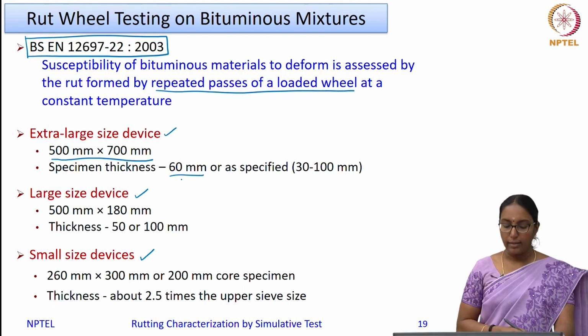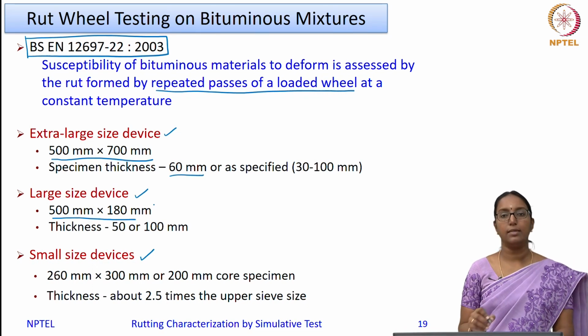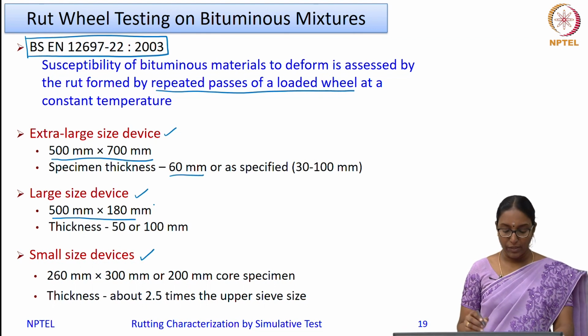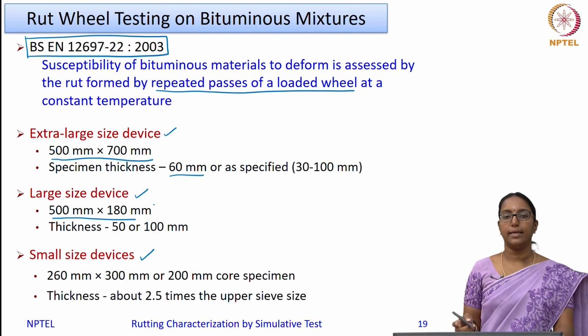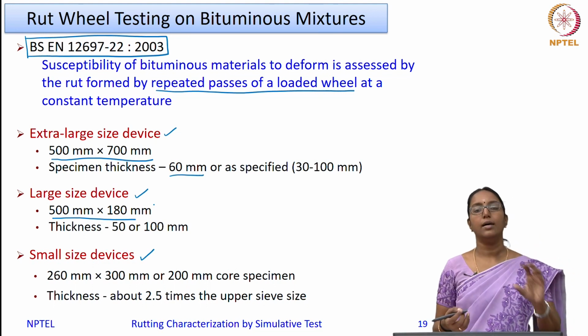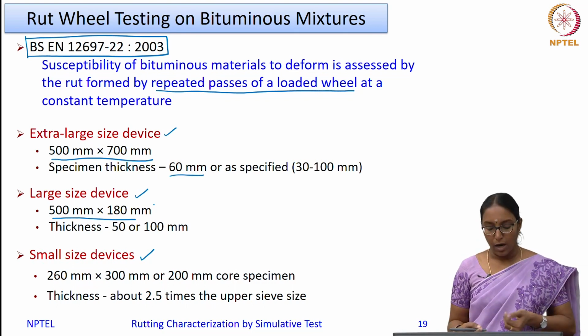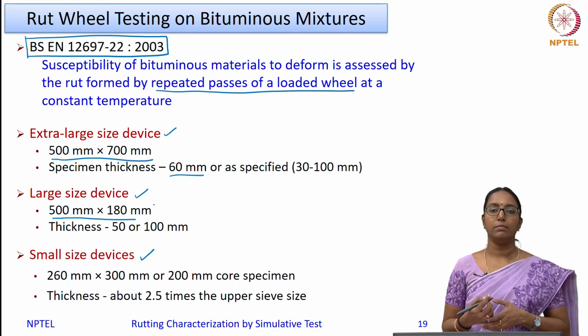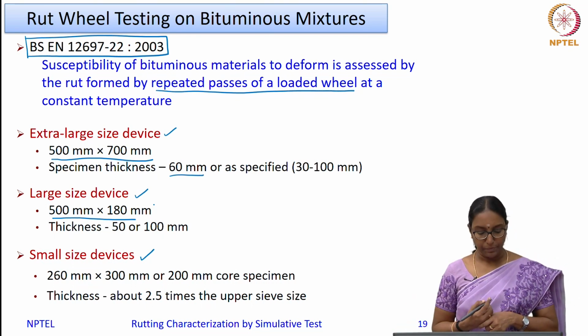In the large size device also, the specimen is rectangular, 500 by 180 mm, and the thickness can be 50 mm if your layer thickness is going to be 50 mm or less in the field, or you can have a 100 mm thick specimen if you are going to lay the layer with more than 50 mm in the field.